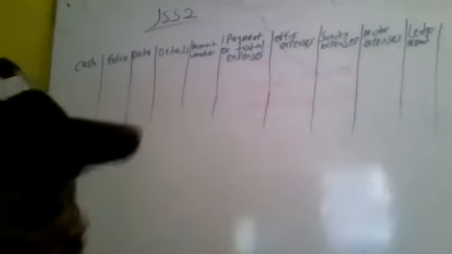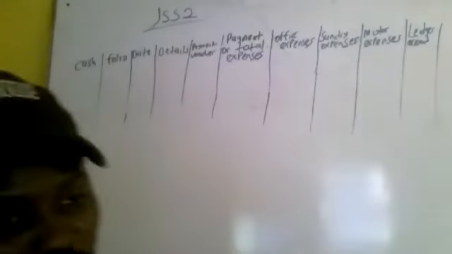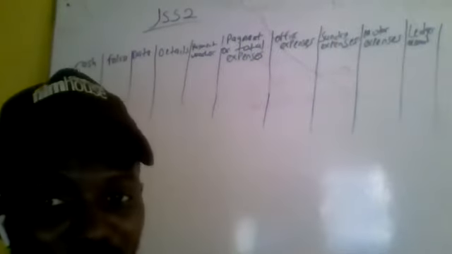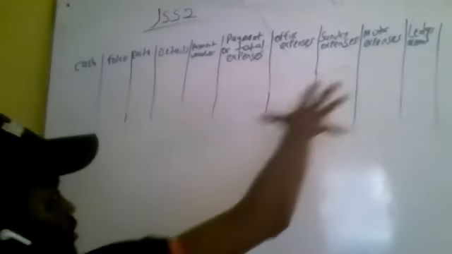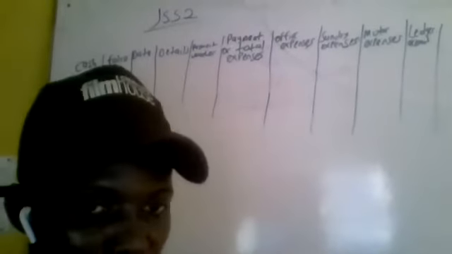Is that clear? Yes. Now I said the reason why we call this analytical petty cash book is because it analyzes the expenses. Now you can see the expenses, they have been analyzed. Unlike the simple petty cash book, which doesn't analyze any expenses, okay? But the analytical petty cash book emphasizes the expense. Look at it, it spreads it, okay? So that's how you know an analytical petty cash book. Is that clear? So I'm saying this for those of you that were not around.